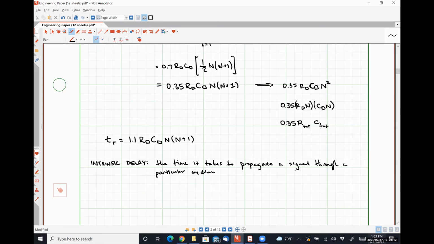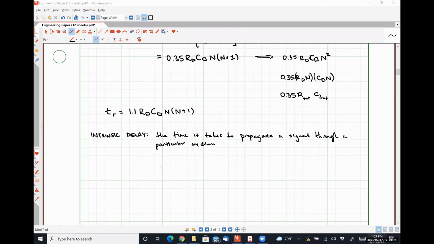So our intrinsic delay time, TID, is simply the square root of mu r epsilon r, the relative permeability multiplied by the relative permittivity of our material of interest, divided by the speed of light c, multiplied by the distance we're trying to propagate our signal.